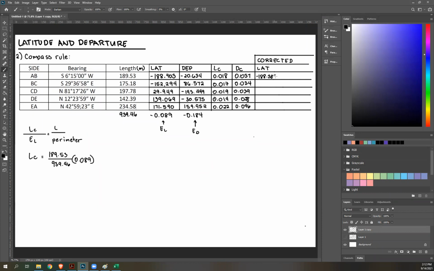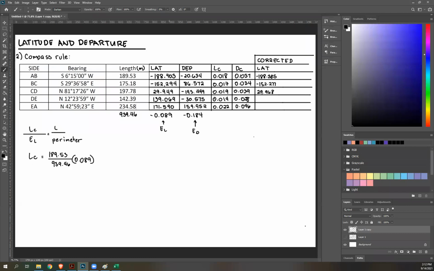I'm going to get negative 188.4385. Okay, so once again, I'm going to complete this table. Let me know if I made any miscomputations. So next should be negative 152 plus 0.017. That should be negative 152.277. Same thing here, 29 plus this, you're going to get 29.968.